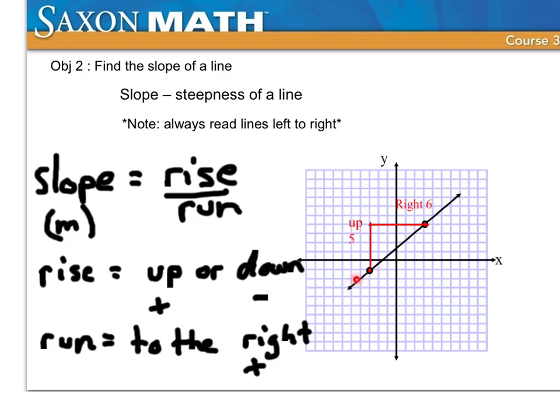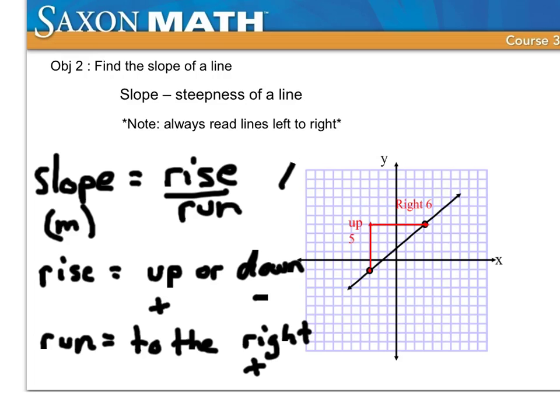So if I start at the left of my line, I have to go upward toward the right part. So my slope is going up on this when I read it. So we picked the 2 points here, and I've shown to get from the point on the left to the point on the right, we go up 5, and then to the right 6.